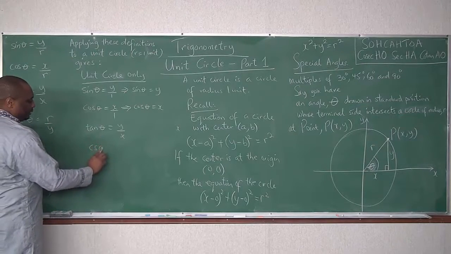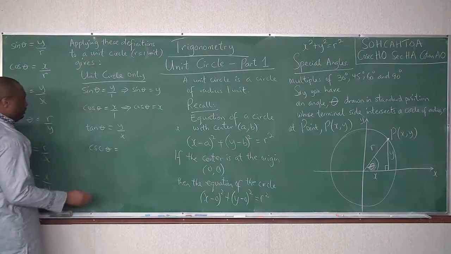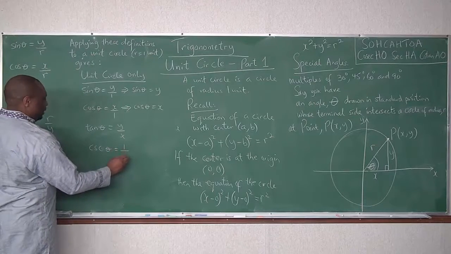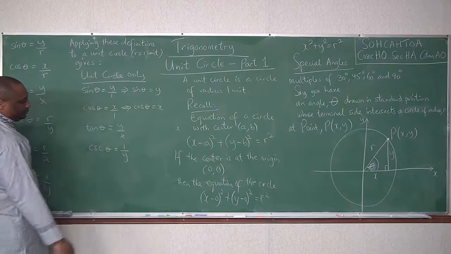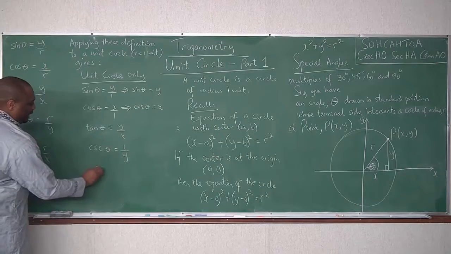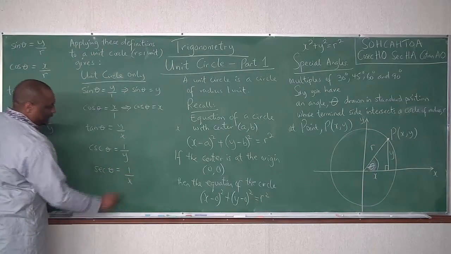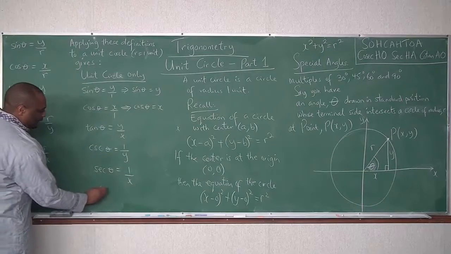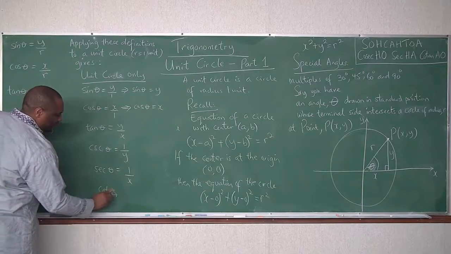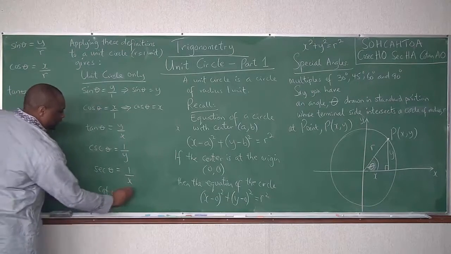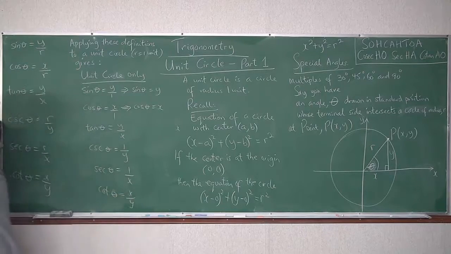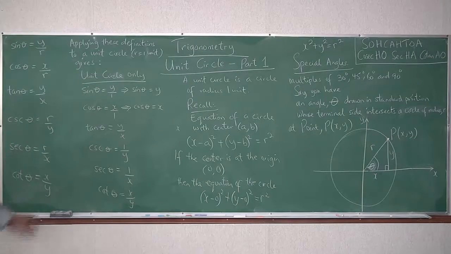Cosec theta will be 1 over y. Sec theta will be 1 over x. And then cotan theta will be x over y. Alright, folks, this is what we need. And we will now get started right away.